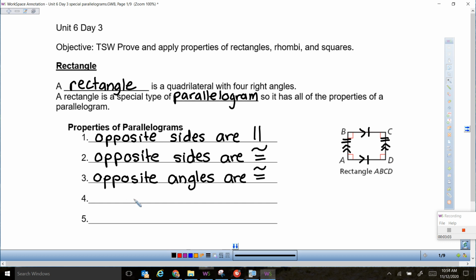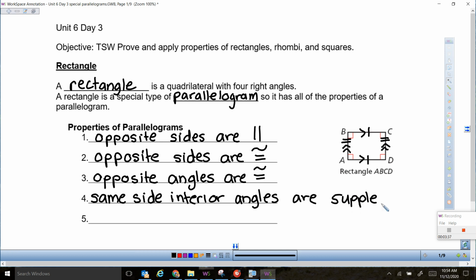Property number 4, since we do have parallel sides, then the same side interior angles are supplementary. What does supplementary mean?